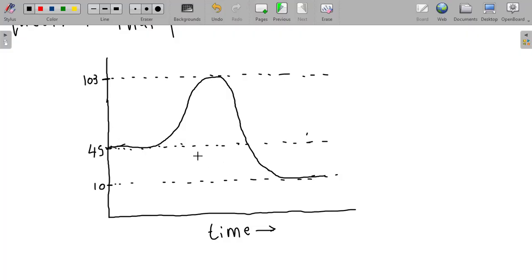On this side you have the potential energy, and the unit they give is kilojoules.